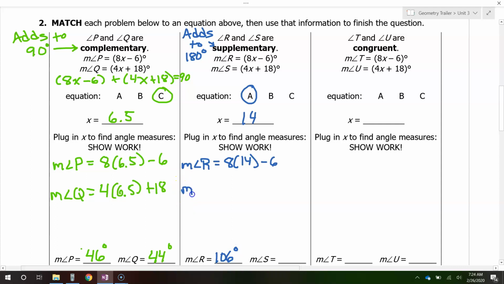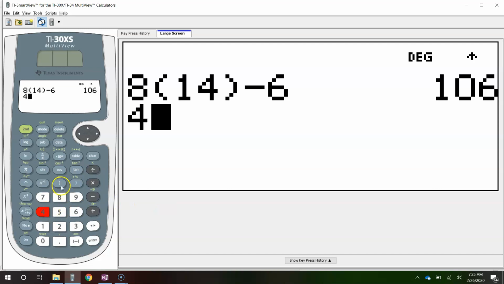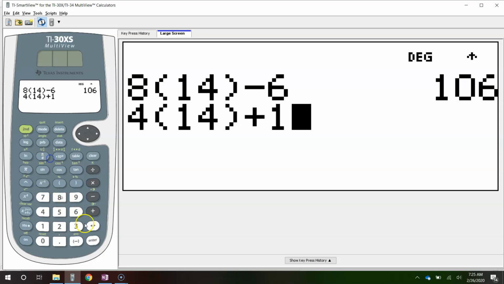And now let's find the measure of angle S. Okay, and that's 4x plus 18. So that's 4 times 14 plus 18. So that is 74.